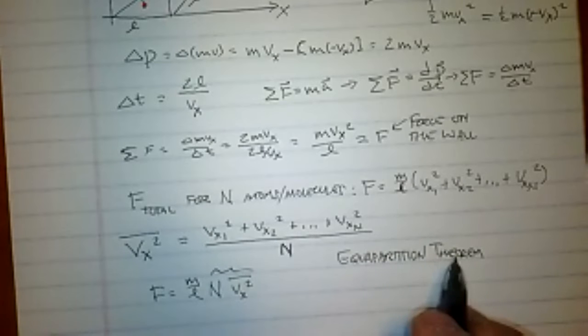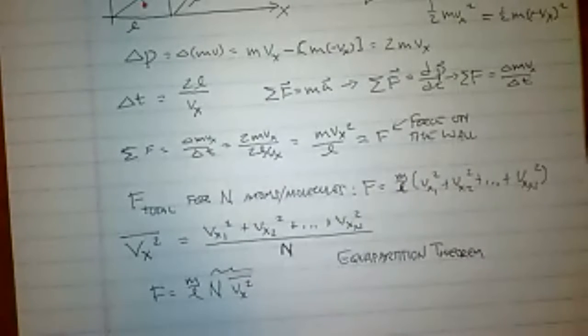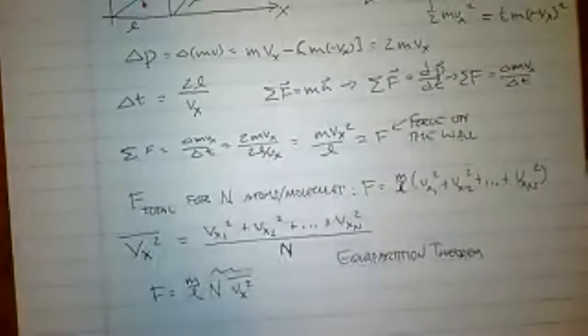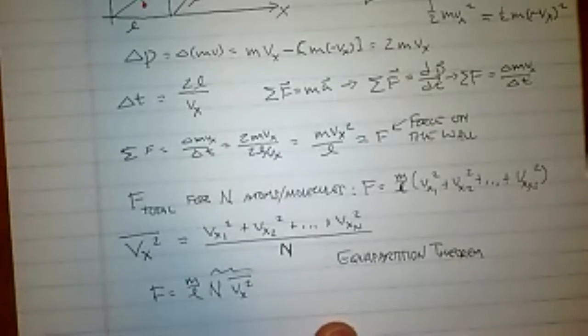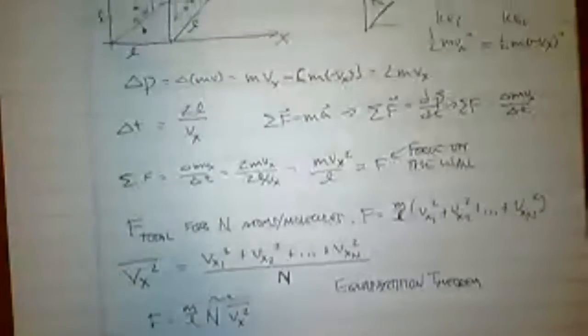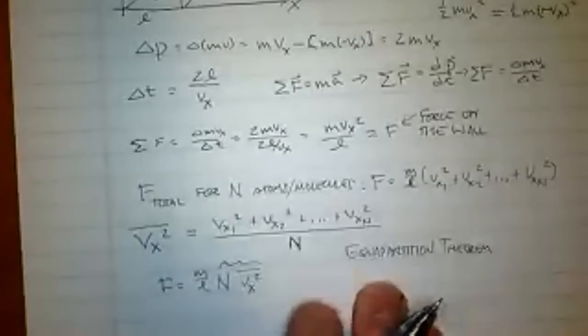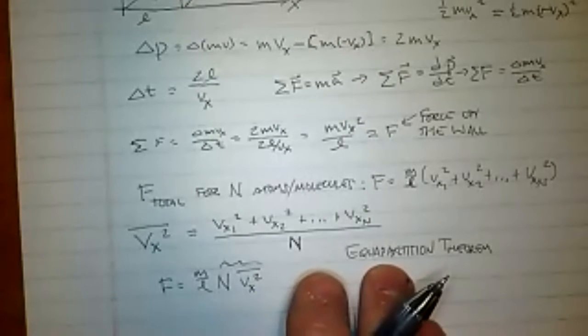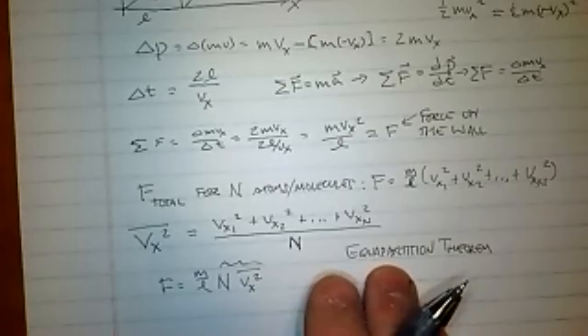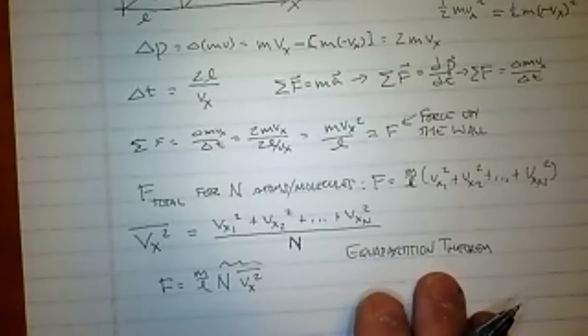What the equipartition theorem says is basically, if you have a buttload of numbers, and I'm not talking like how many dollars Elon Musk has, I mean a real buttload, like how many dollars a mole of Elon Musk would have.